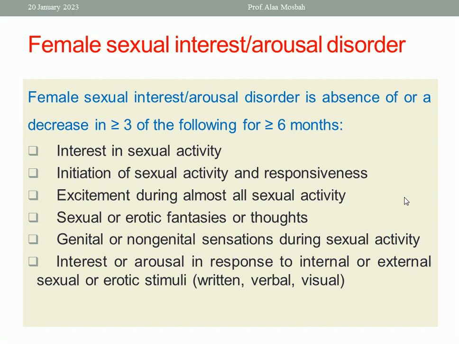What does it mean? An absence of or a decrease in 3 or more of the following for 6 months or more. So for a female to have sexual interest and arousal disorder, she must have 3 or more of these factors, and the duration should be 6 months or more. What are these factors?